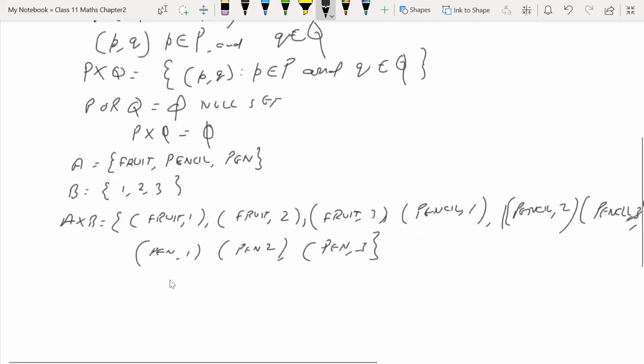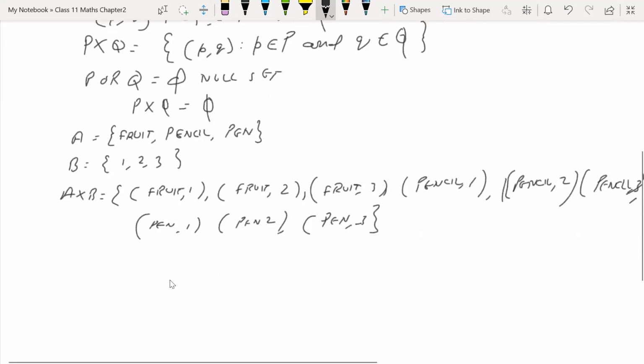And finally, if there are two sets, set A and set B, you can represent them graphically. This is the pen, and this denotes 3, 2, 1.